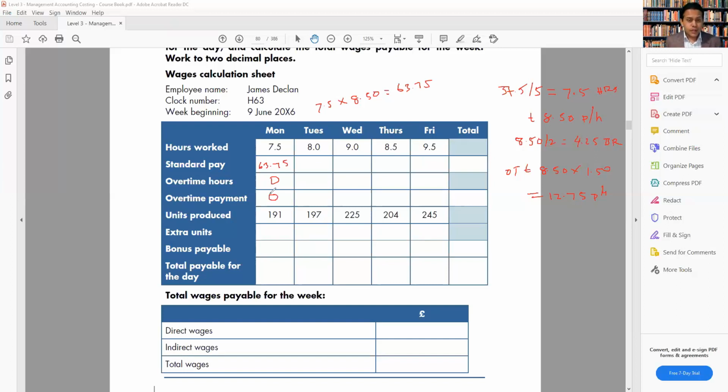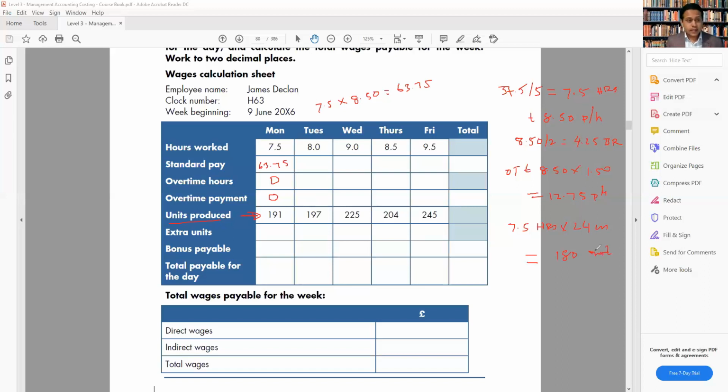Now, the next point here is how many units James produced. 191. So I need to identify how many units James was supposed to produce and how many he actually produced. So the question said every hour James should produce 24 units. So for 7.5 hours times 24 units per hour, James should produce how many? 180 units.